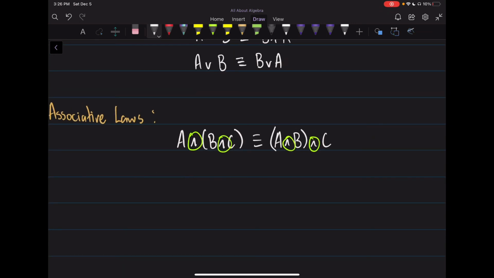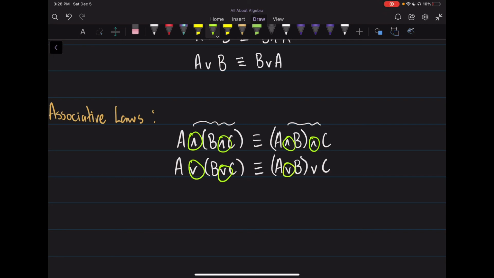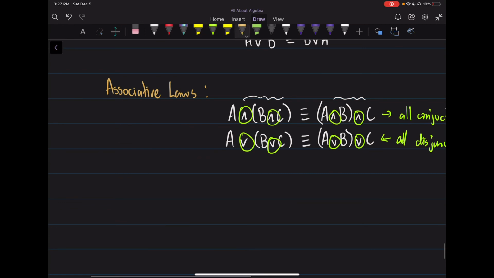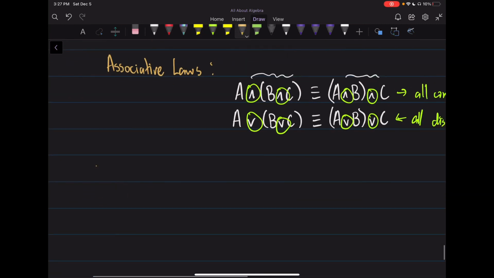There's no mixing of or and and. Similarly, if we have A or B or C, this is logically equivalent to A or B and then or C. This one's all disjunction, and the other one's all conjunction. They're all the same.